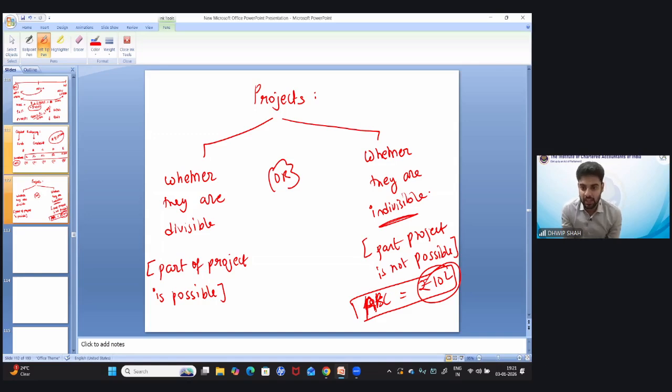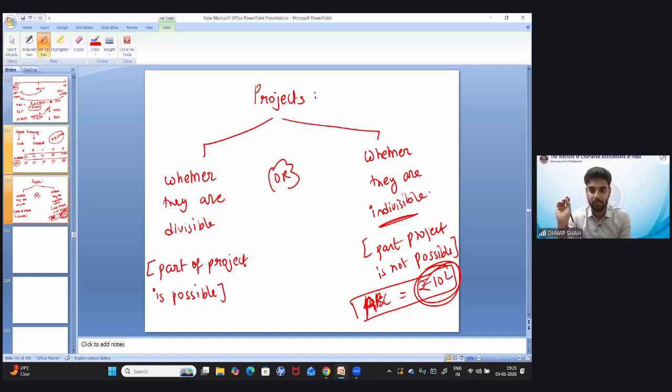Let's say ABC is 10 lakh and you have funds of 8 lakhs. Then ABC will say don't take me. If you want to take me, if you want to own me, I would need entirely 10 lakhs. Are you getting this? You have only 8 lakh, so don't take me. See for or go for another projects that can be owned in 8 lakhs.